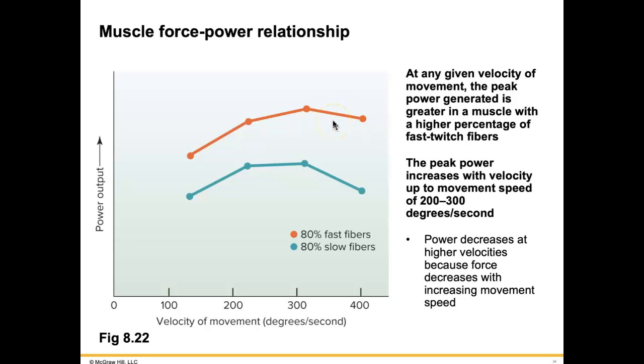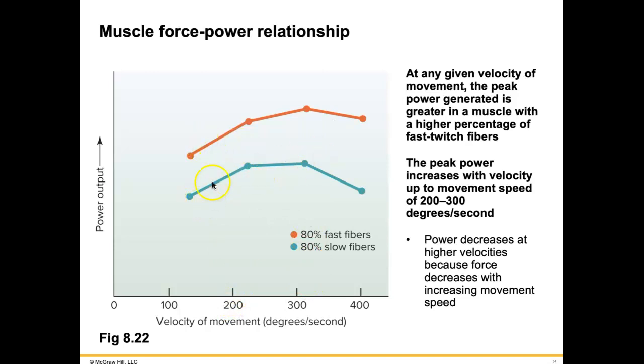And this again is due to the same things we talked about in the last slide, where we have increased ATPase activity and we can more readily release that calcium out of the sarcoplasmic reticulum to the troponin. And then the other thing is that the peak power is going to increase with the velocity between 200 and 300 degrees per second.